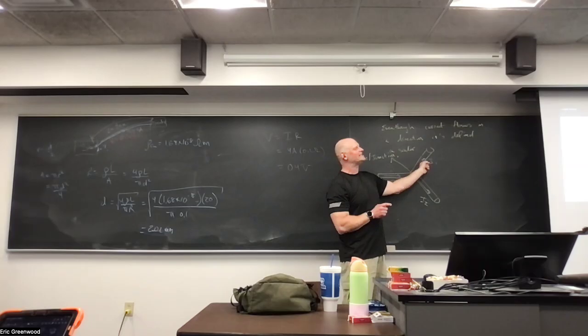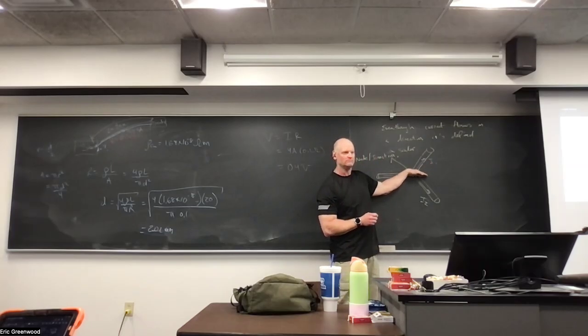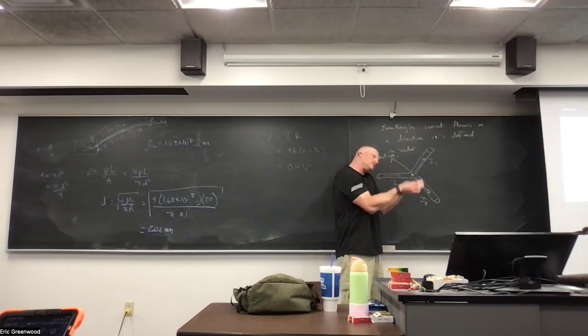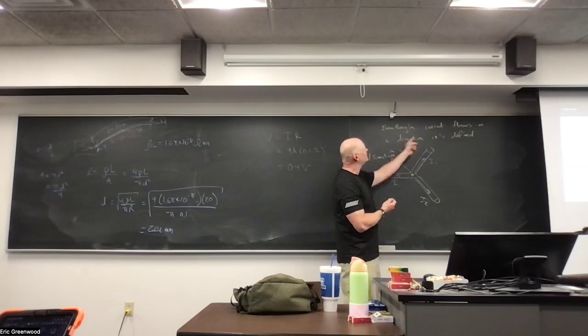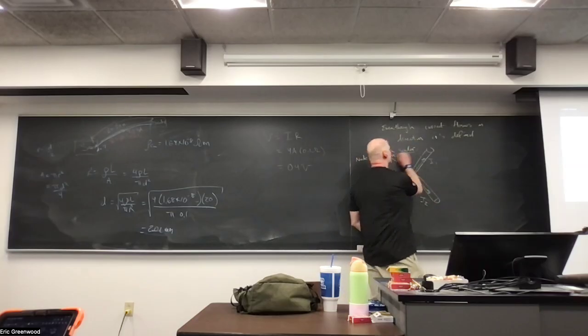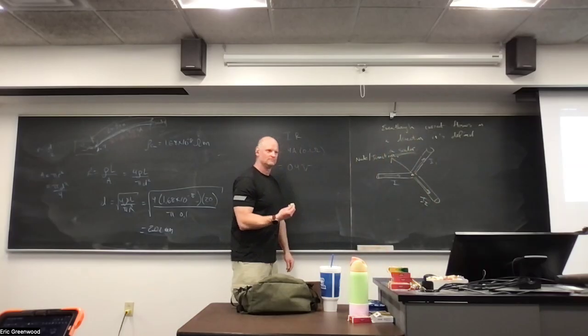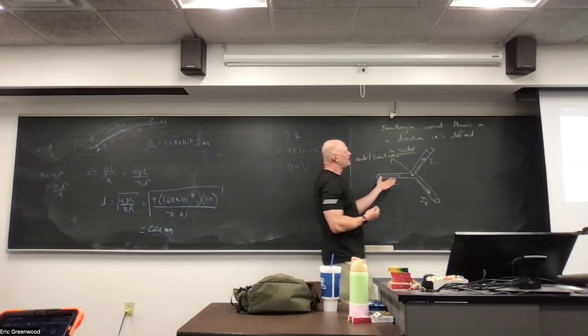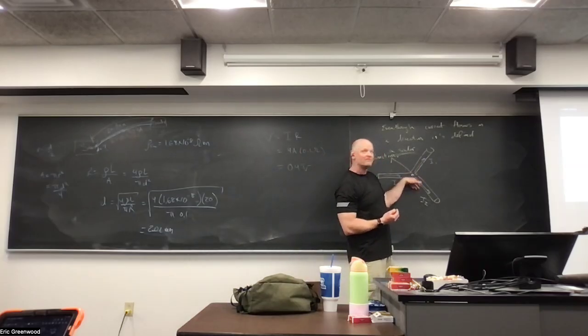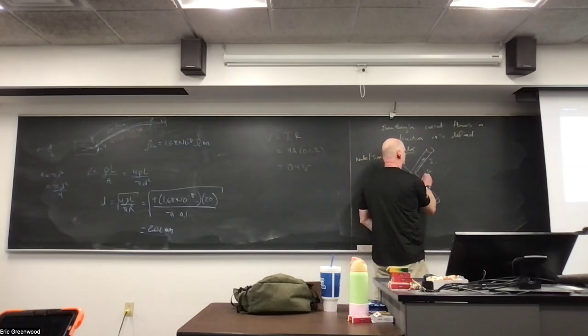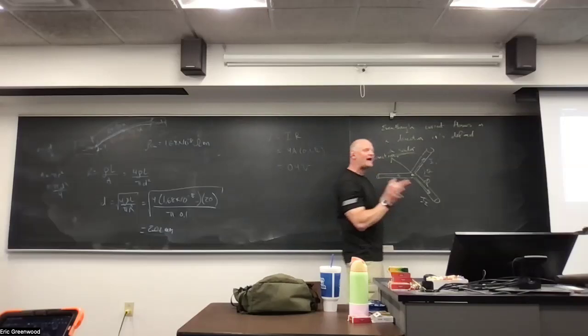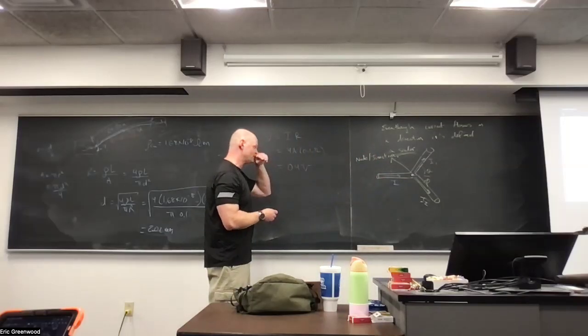Now, because current is not a vectorial quantity, I don't have to worry about angles, right? So when I add these together, it's not a vectorial sum, it's just a scalar sum, because the way that we've defined current is as a scalar quantity itself. Okay? So unlike electric fields where we would have to worry about directions and look at angles and all that different stuff, in this case we don't have to, because it's simply a scalar quantity.